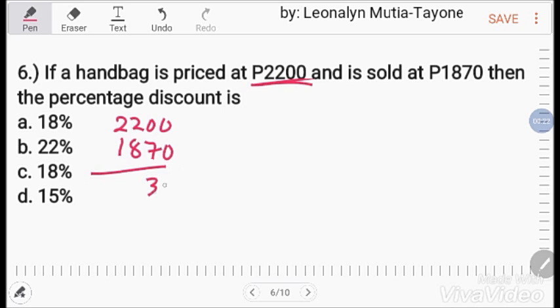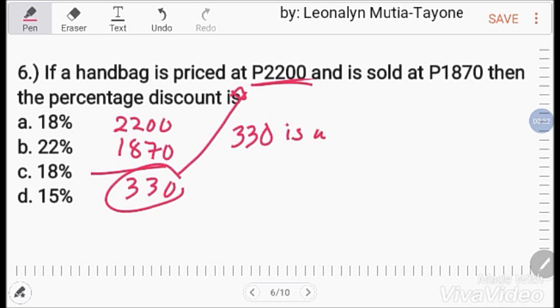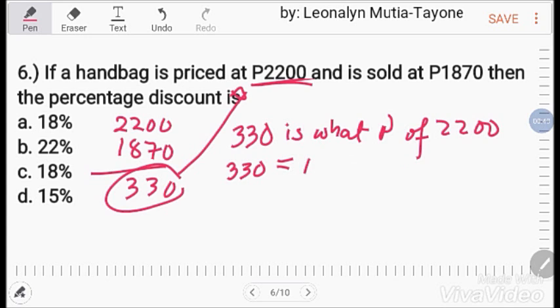So, this is 330. Ang nakuha dito sa 2,200 mo. That means, 330 is what percent of 2,200? So, 330 equals n times 2,200.